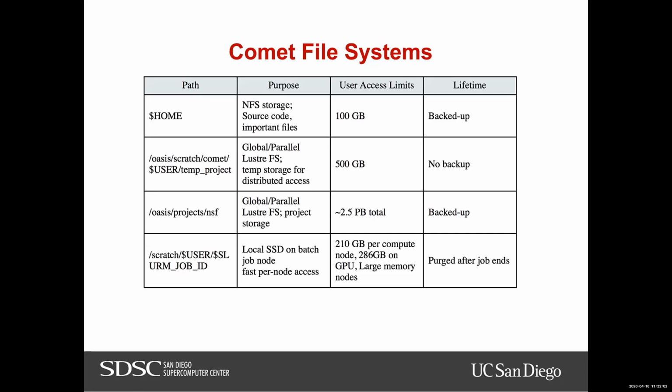You can find all this information, and I have several tables in my presentation that are directly from the user guide. So you can go find that in the user guide and get more information. But on home, you only have 100 gigabytes. That used to be a lot, it's not anymore. And then these are the limits for the other file systems that you have access to.